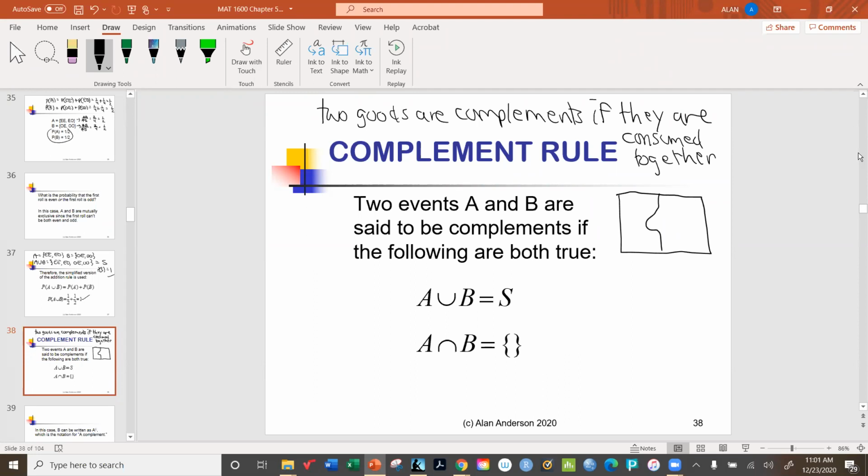Piece one and piece two. Well, you would say that they're complements because there's no overlapping between them, but both pieces form the entire puzzle. So more formally, if we have two events whose union gives us the entire sample space, but whose intersection is empty, then we say that A and B are complements.